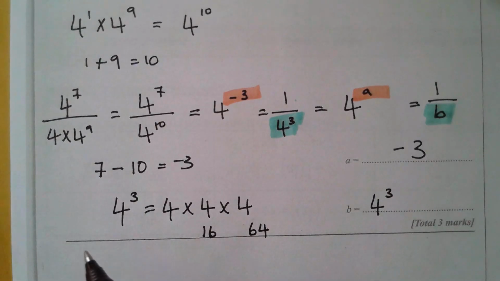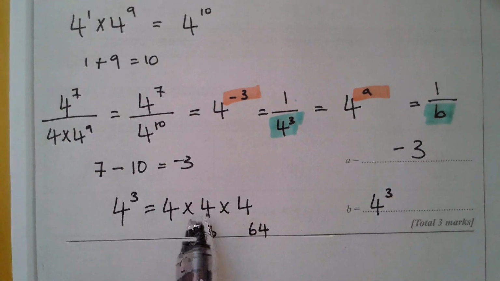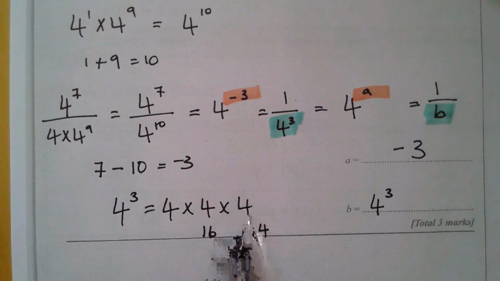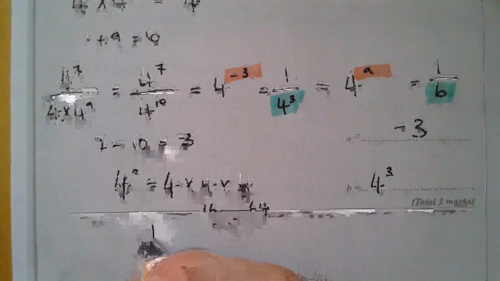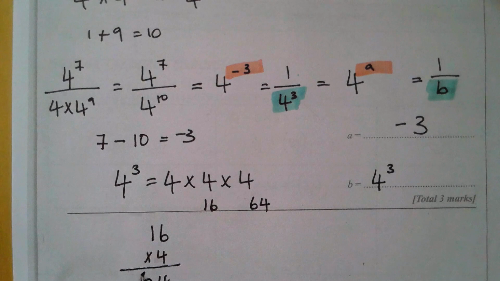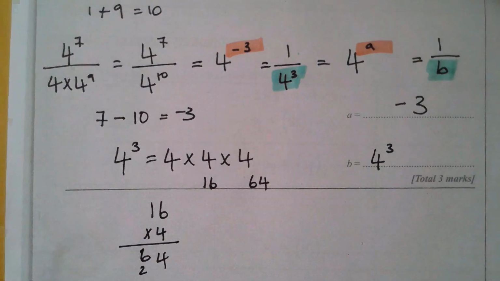You need to either remember that 4 to the power 3 is 4 multiplied by 4 multiplied by 4. 4 multiplied by 4 is 16. 16 multiplied by 4 is 64. Or you can work it out as long multiplication. What have we got? 4 carry 2 and 6. However you want to work it out.